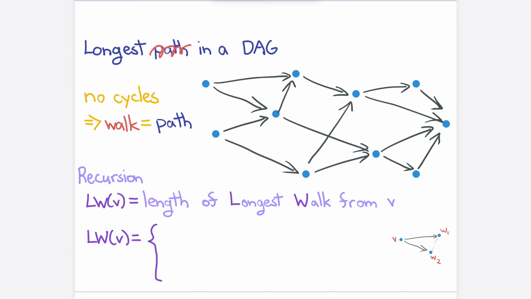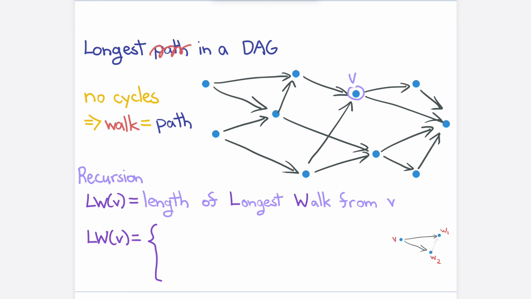All right, now if I want to implement this, I know you said it out loud, but I'll coax you guys again. I just want to find, for a given vertex V, the length of the longest walk starting at that vertex V. Ultimately I'm going to apply it to a source, but maybe you're at some point in the middle of the graph, right? So you're at some generic vertex. How can I recursively figure out the length of the longest walk from V? Yeah.